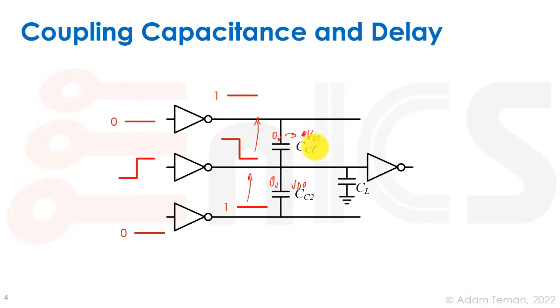Okay, and so in total, basically these two capacitances went through a full swing, and so we have to add them to the effective capacitance, and so our capacitance is really going to be that C total equals CL, which is obviously going through the full swing, plus C1 plus CC1 plus CC2.